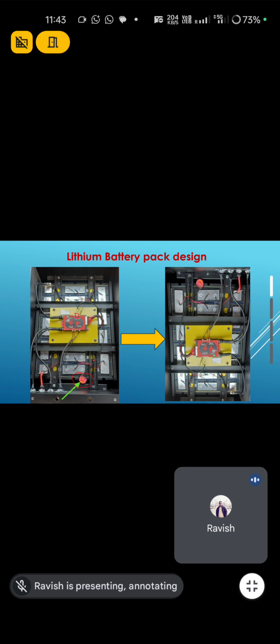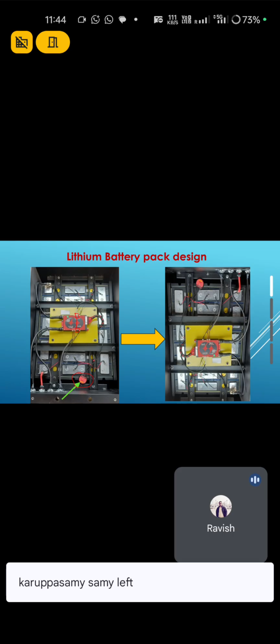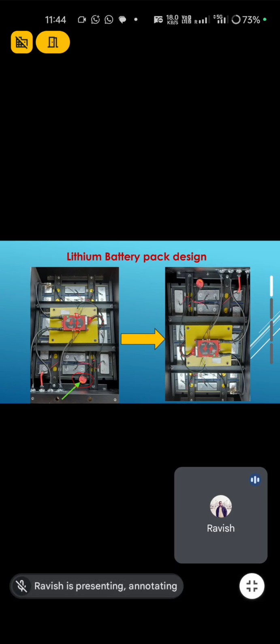If your Bluetooth is not showing, you can remove this connector from here and connect it to UART1. UART1 and UART2 ports are the same. You can connect here to recheck whether your Bluetooth is okay or not.